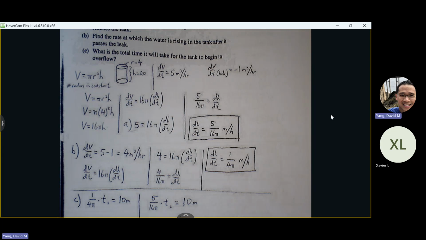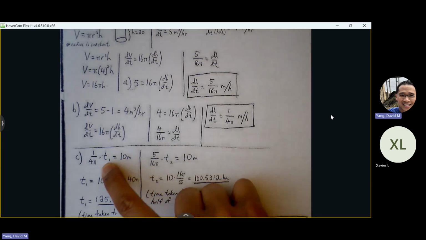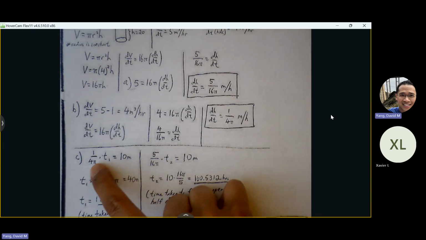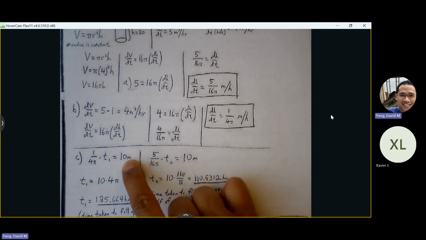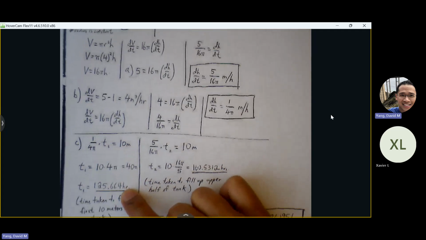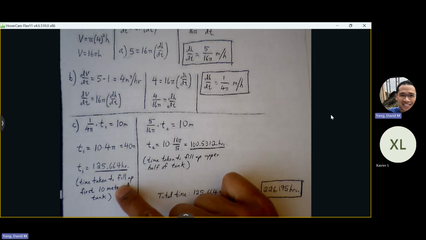So 1 over 4 pi, we want to figure out, it's rising at this rate. How long will it take before it reaches the height of 10 meters? We're working backwards and we find T sub 1 is 125 hours.